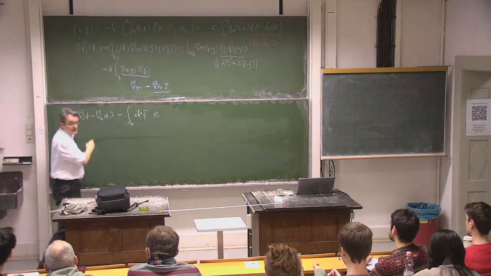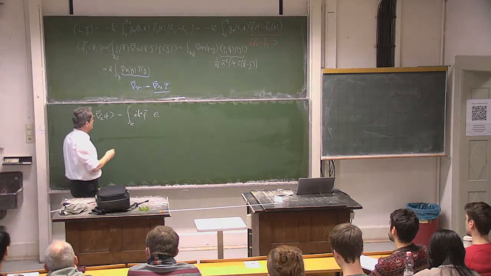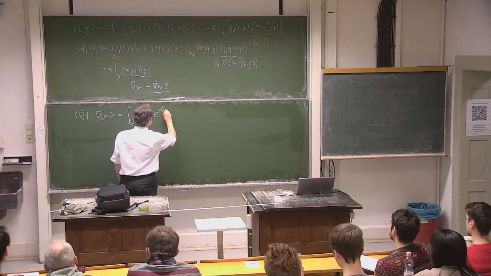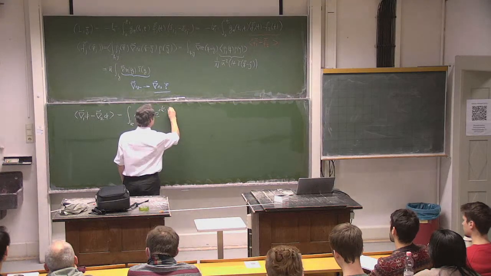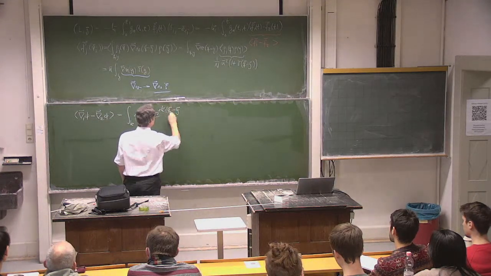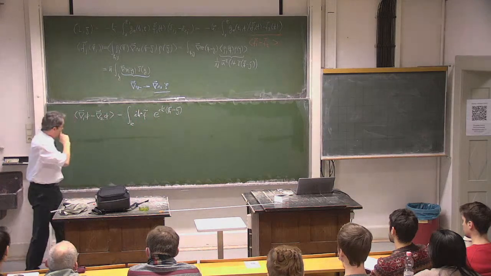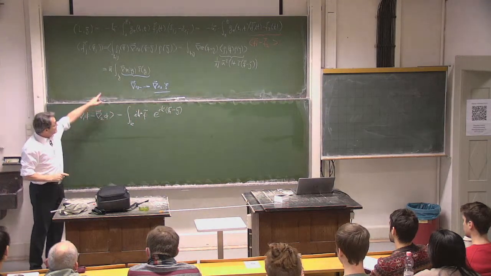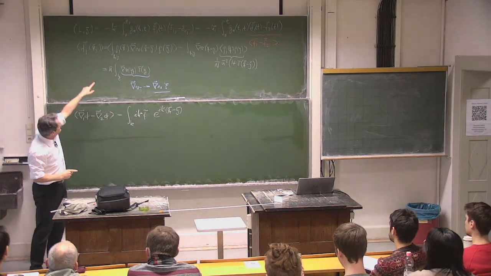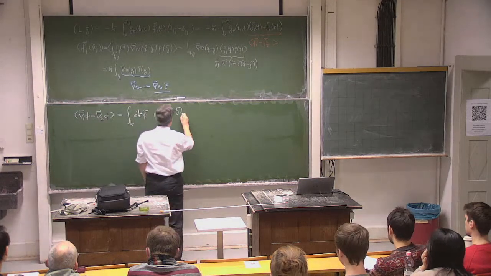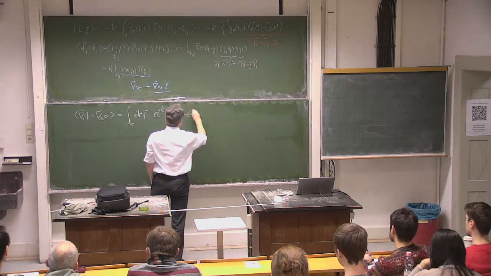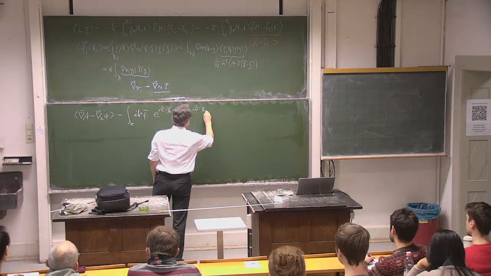Then I need to take account of the Fourier phases here. And this is e to the ik times q1 minus y, where y has the same meaning as above, minus e to the ik times q2 minus y.